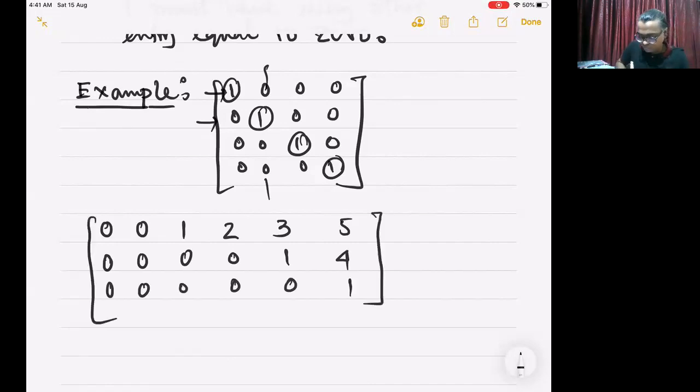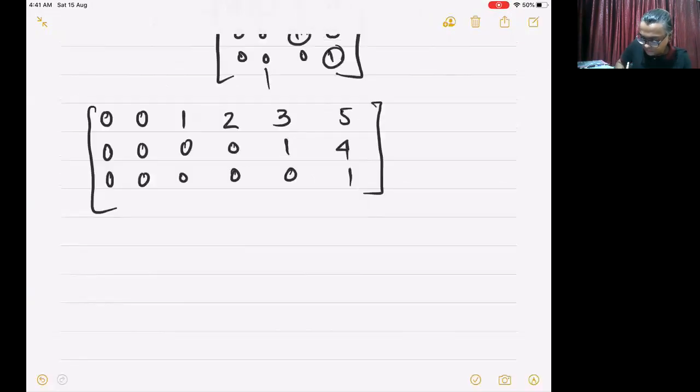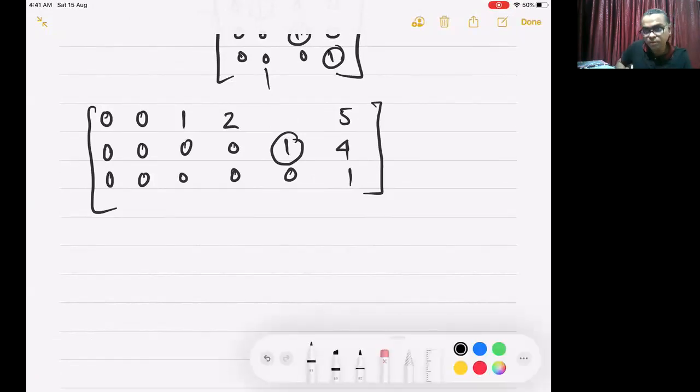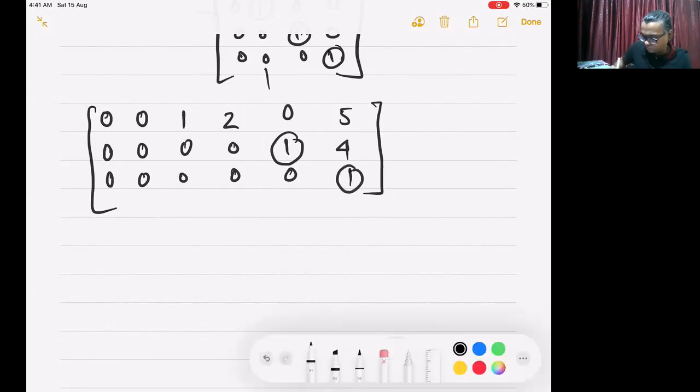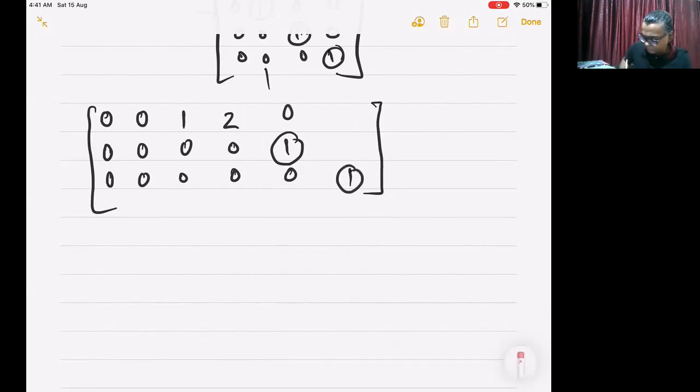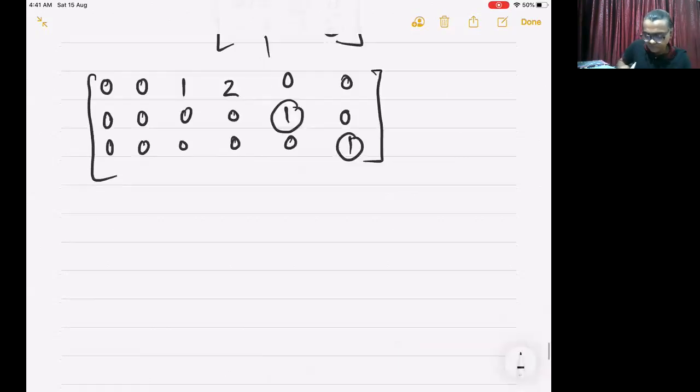Well, no, because you see for row 1, there is a leading 1 here, true, but that leading 1 has this 3 appearing here, then that makes this not row reduced. So what I can do is, this however doesn't have that problem, but still there are problems like this is also a leading 1, but this column has non-zeros. So I just have to make them zeros. Yeah, this is a row reduced matrix.